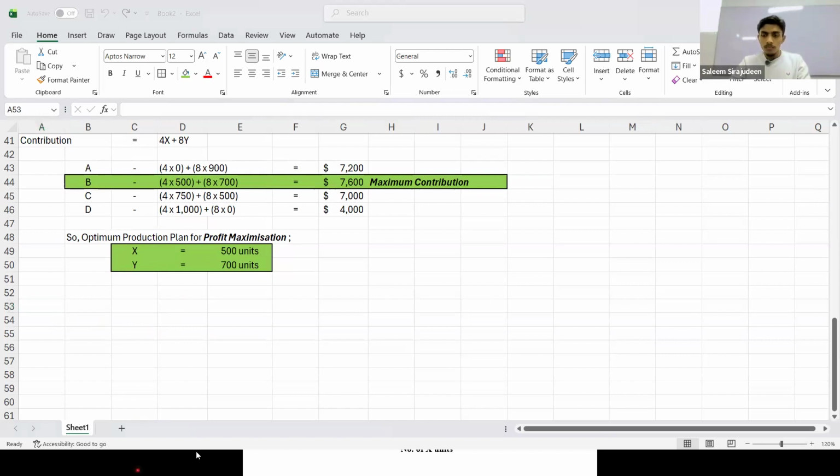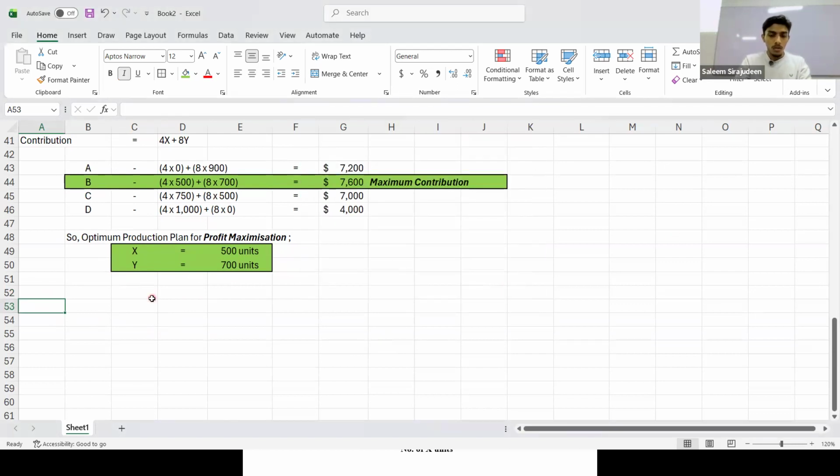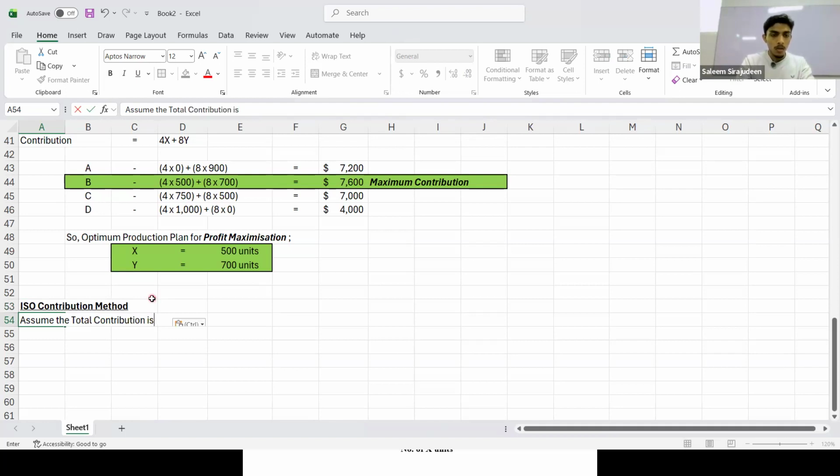So ISO contribution method. Assume the total contribution is 3200.